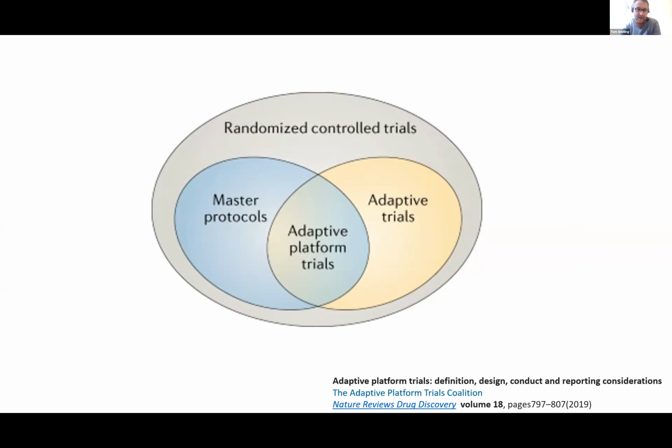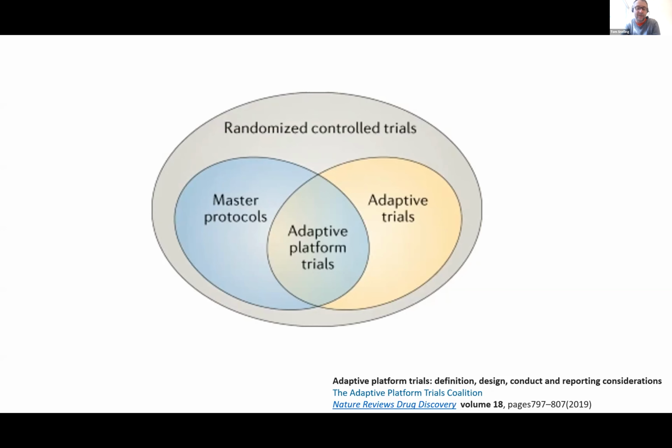So that's this idea of master protocols, and this has really been championed by a number of groups, including the FDA itself.